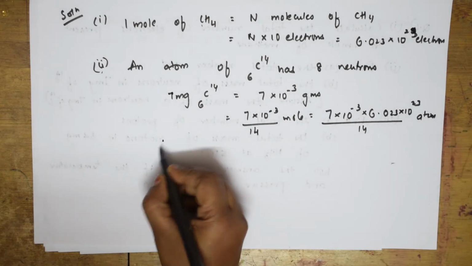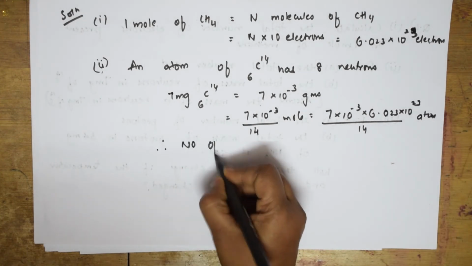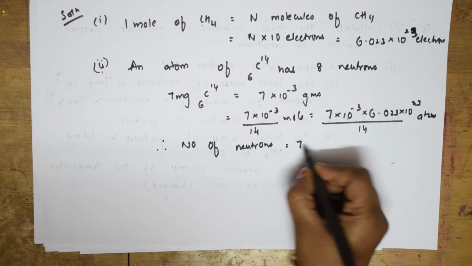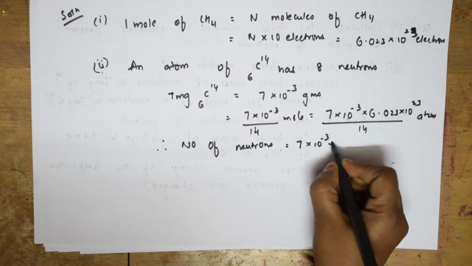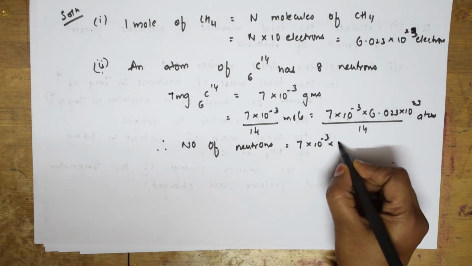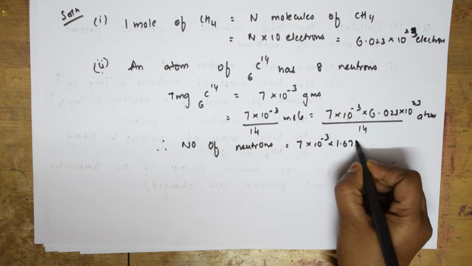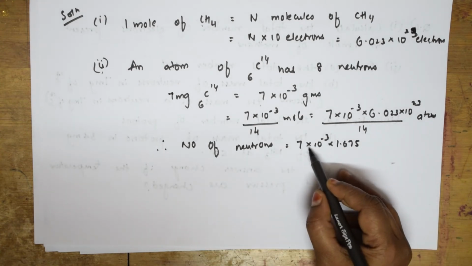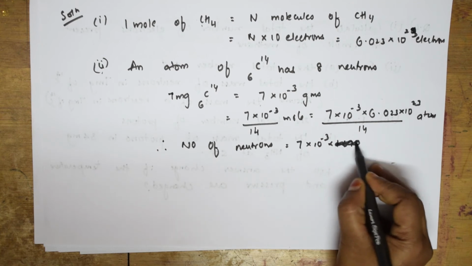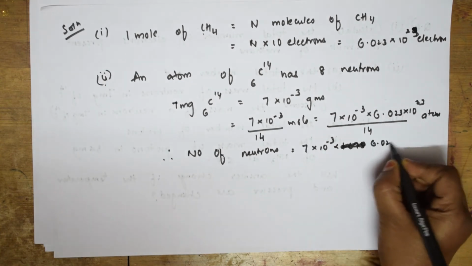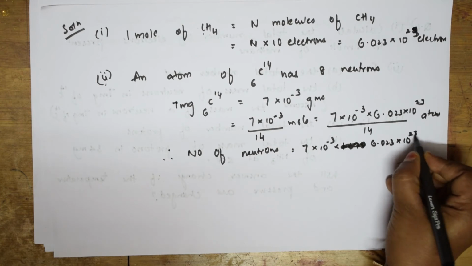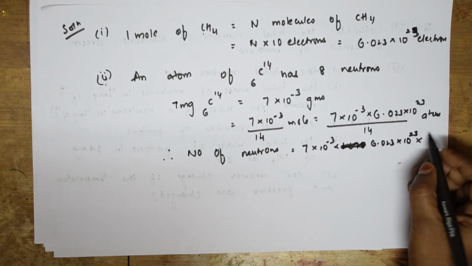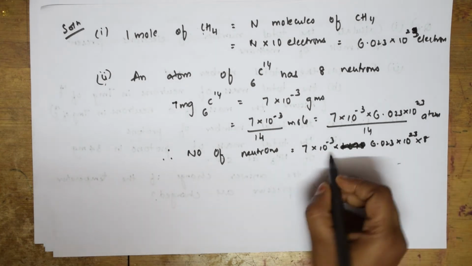So therefore the number of neutrons is equal to 7 into 10 raised to the power of minus 3 into the Avogadro number, I'm sorry, 6.023 into 10 raised to the power of 23, into 8 by 14, because they've asked for 8 neutrons.